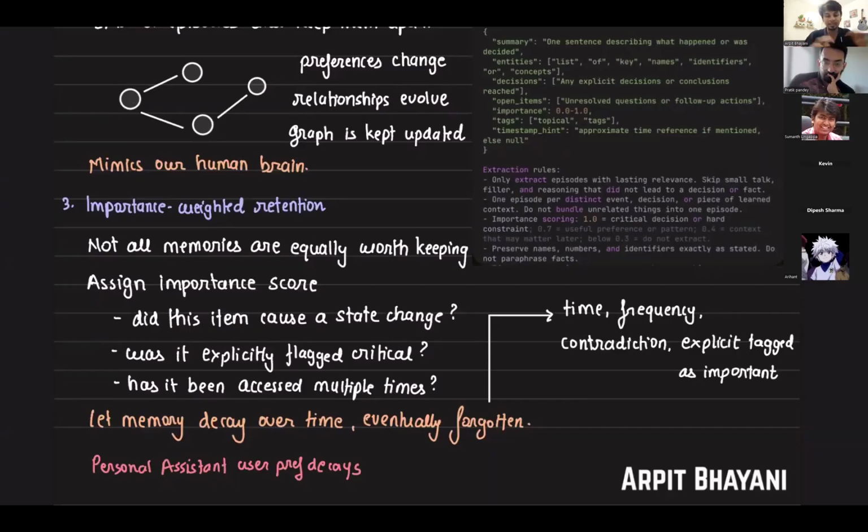One thesis I have, I have not verified it, and I don't know if somebody has written a paper on it, is that there will be a need for a PageRank-like algorithm in memory. For example, if I keep referencing a memory, its weight should increase, right?